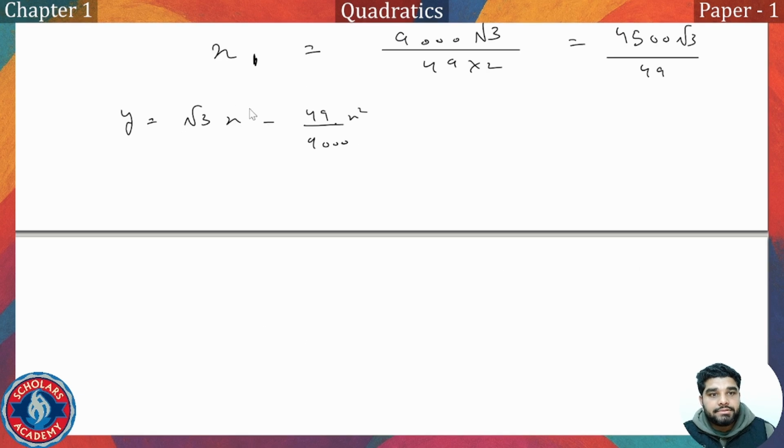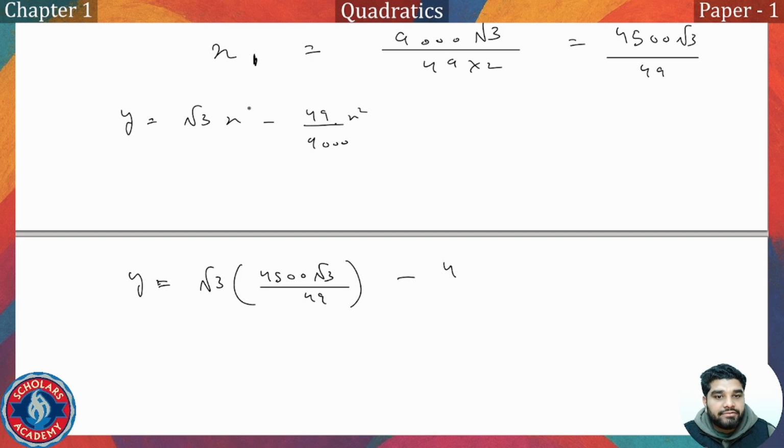All right, so I have my equation. y is equal to root 3 times 4500 root 3 by 49, minus 49 by 9000 times 4500 root 3 by 49 times 4500 root 3 by 49.